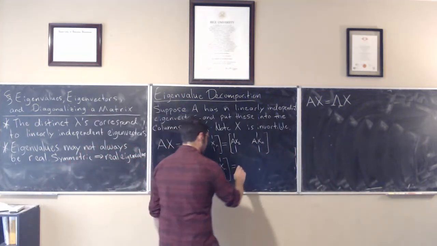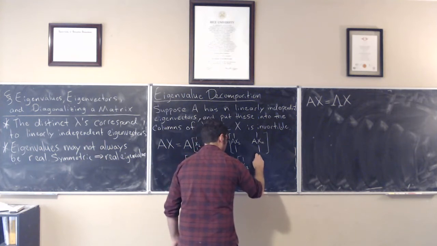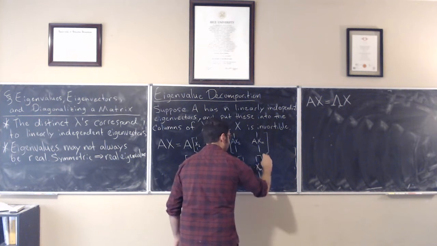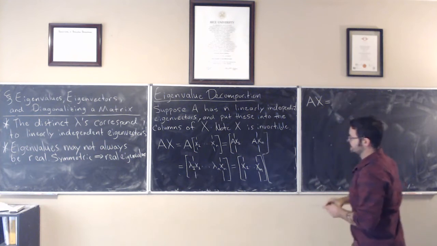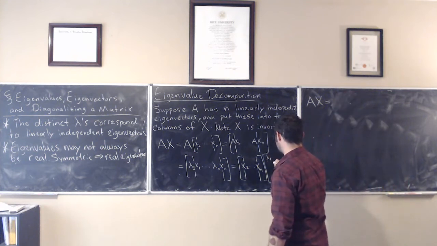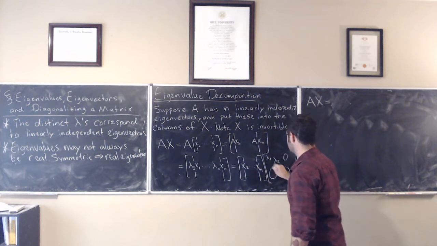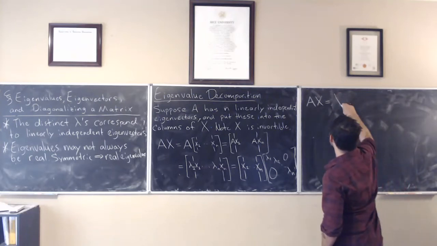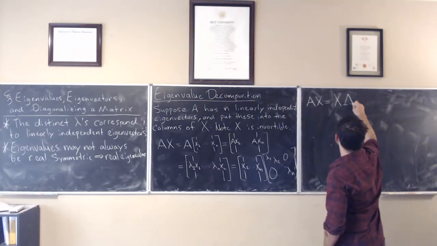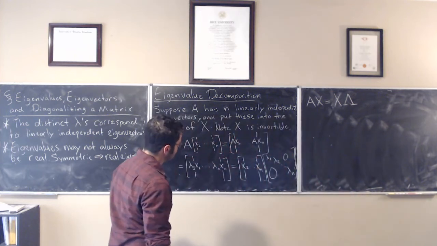It's the other direction here. It's x1, dot, xn, times the diagonal matrix, lambda 1, lambda 2, dot, lambda n, and then zeros everywhere else. So this would be X times capital lambda.